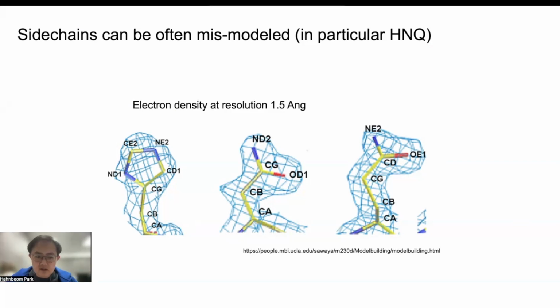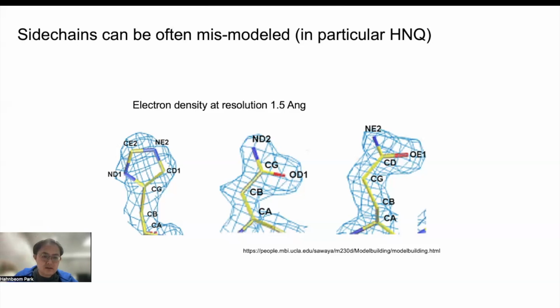So it'll tell you what kind of amino acid should come there, but sometimes it doesn't tell which element should come where. If you carefully look at histidines, asparagines, and glutamines, they are kind of symmetric shaped, but their elements are different. So histidines could be in this way, but you can also model in a separate way, the opposite way. Still, it'll fit perfectly to the density.